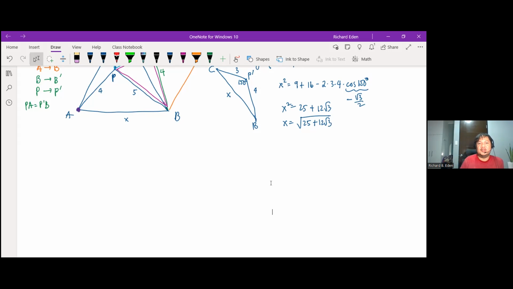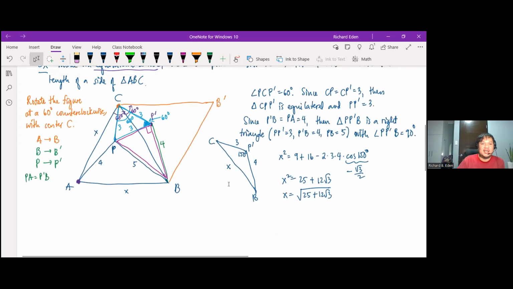In this case, because we have an equilateral triangle, 60 degrees is the primary angle in the story here. So maybe it's a rotation by 60 degrees.